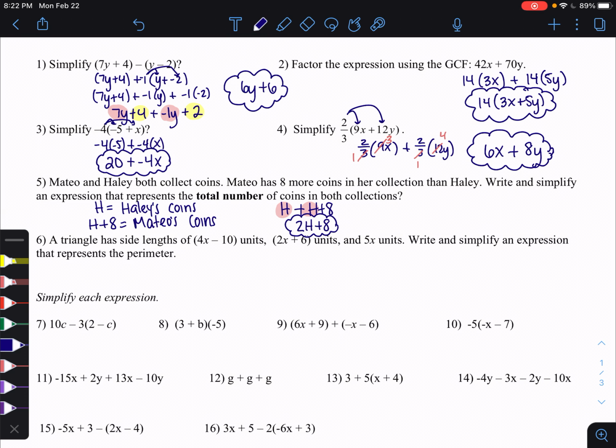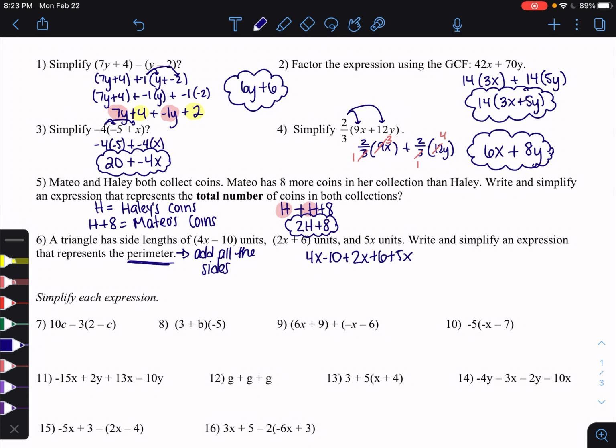Number 6 says a triangle has side lengths of 4x minus 10 units, 2x plus 6 units, and 5x units. Write and simplify an expression that represents the perimeter. Remember that perimeter means to add all the sides. So I'm going to do 4x minus 10 plus 2x plus 6 plus 5x.